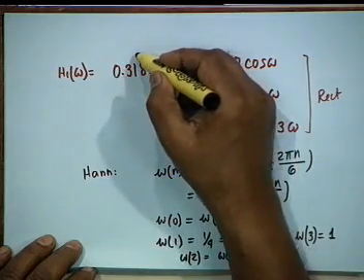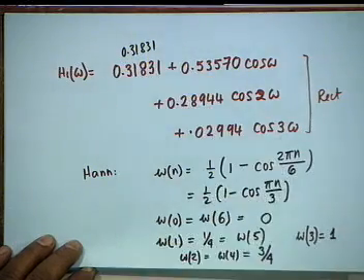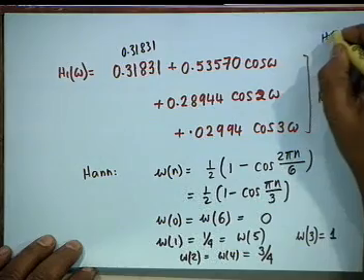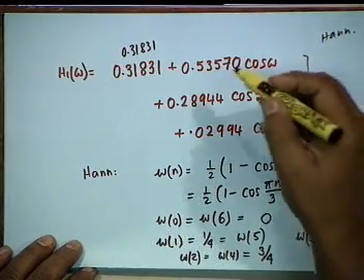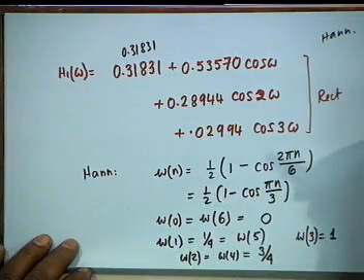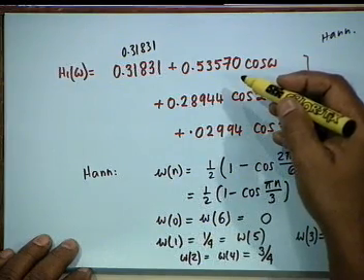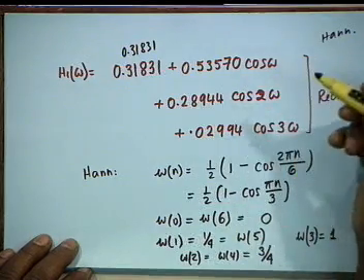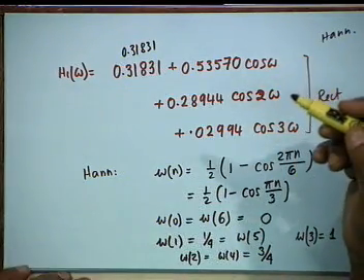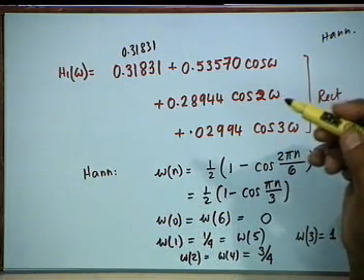So, I am writing the coefficients of Hann here. Okay, this is Hann. The first term would be multiplied by 1 quarter. W1 is equal to W5 equal to 1 quarter.